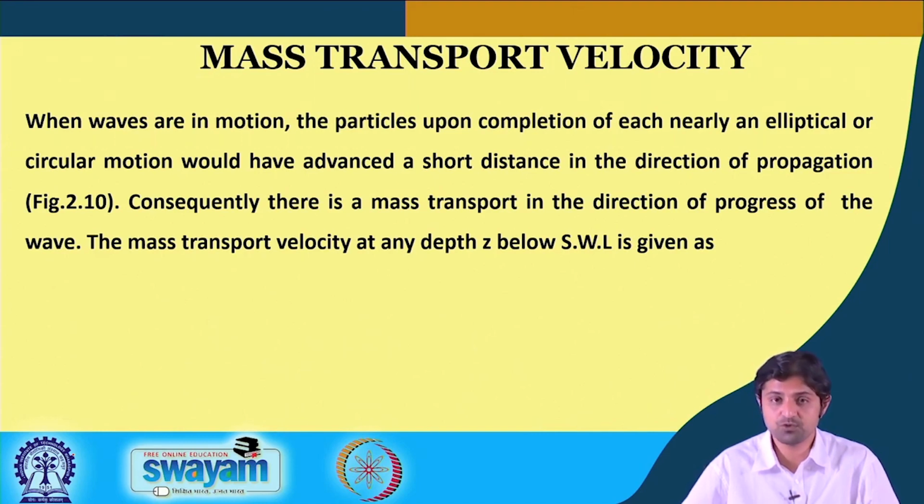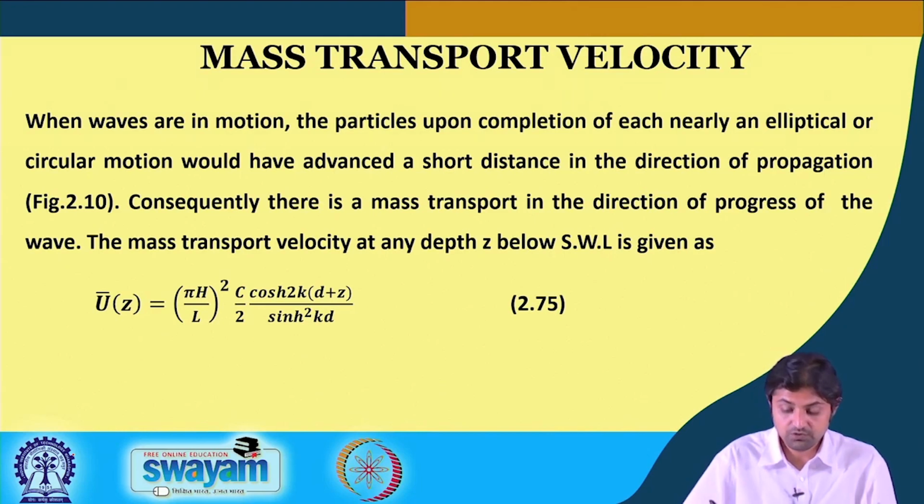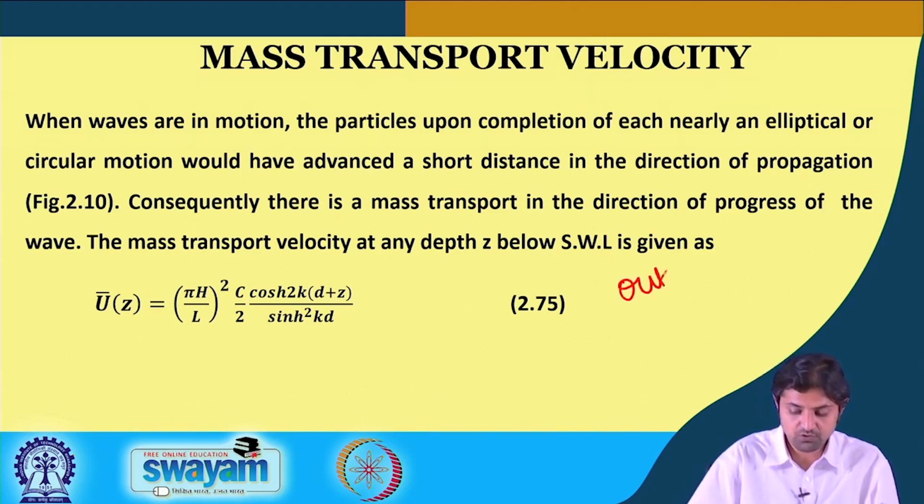This mass transport is happening in the direction of the progress of the wave, and the mass transport velocity is given by pi H by L whole square into C by 2 cosh 2k(d plus z) divided by sinh square kd. So, this formula is outside the scope.